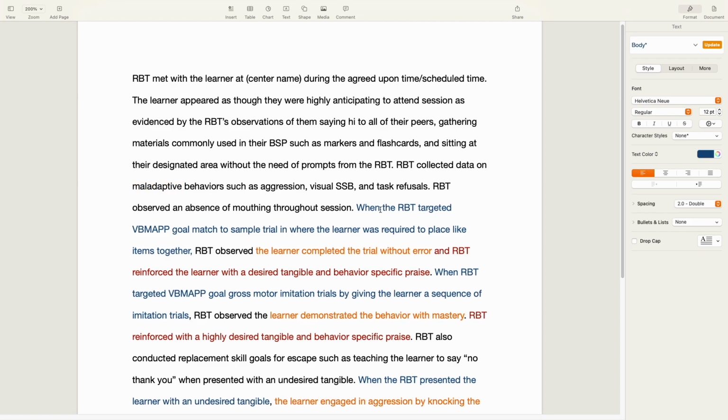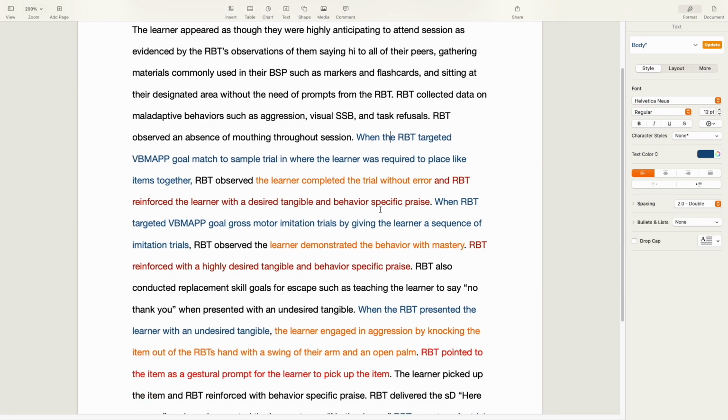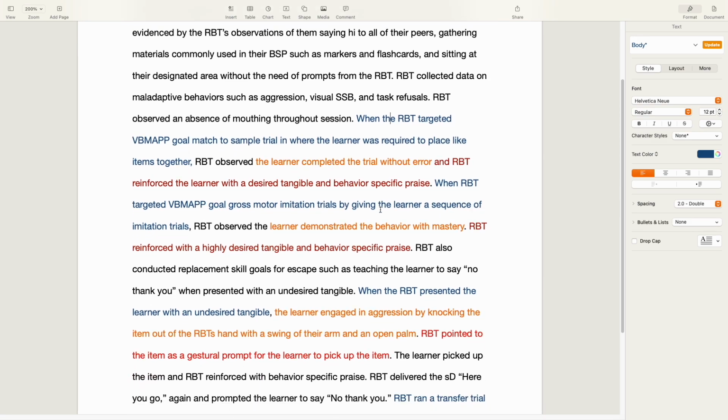After that, you're going to write your ABC data. You're going to pick 3 to 4 trials or 3 to 4 programs that you did during session, and you're going to write the antecedent, the behavior, and the consequence that happened during that program.